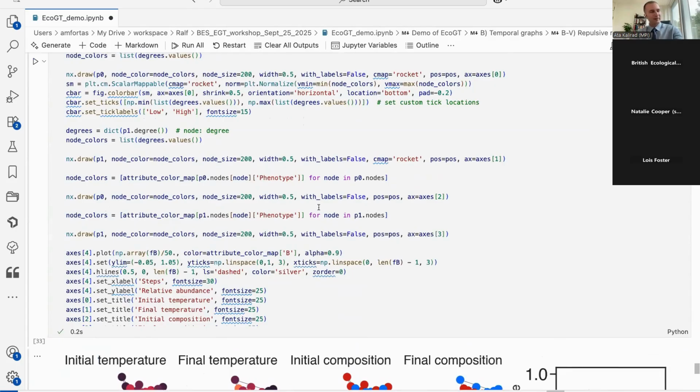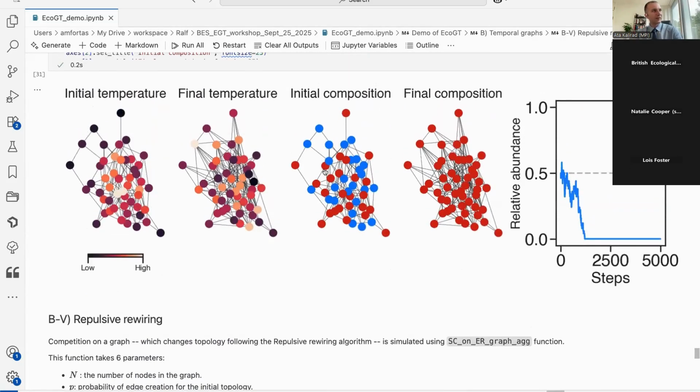Now, this was just a very brief show of the methods available.